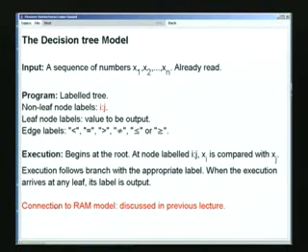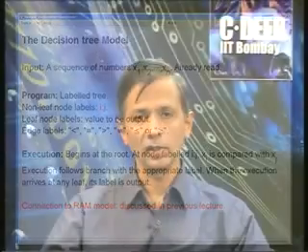The other point to be noted is that although we are looking at a decision tree model, and the decision tree model is not exactly like any of our computers, it does in fact have a connection to the RAM model, or the random access machine model, which resembles our computers.